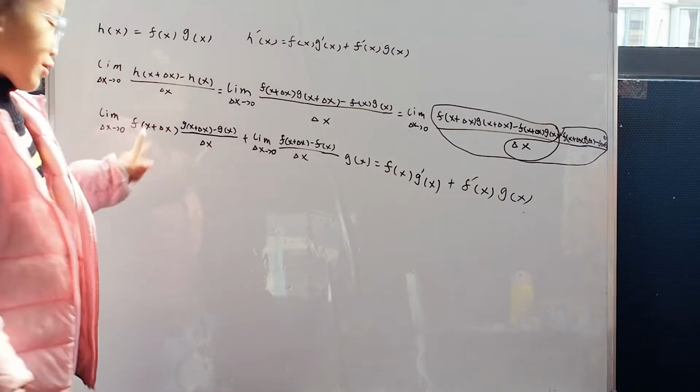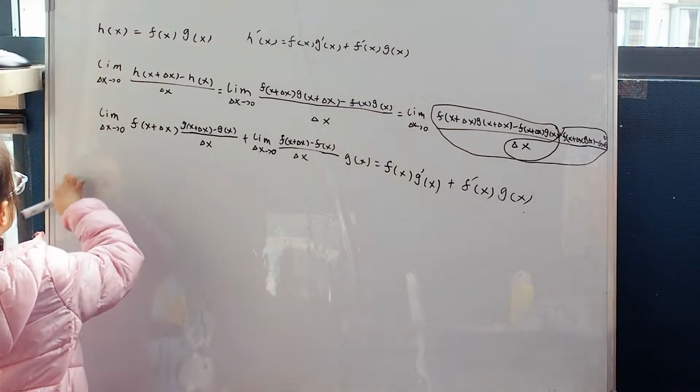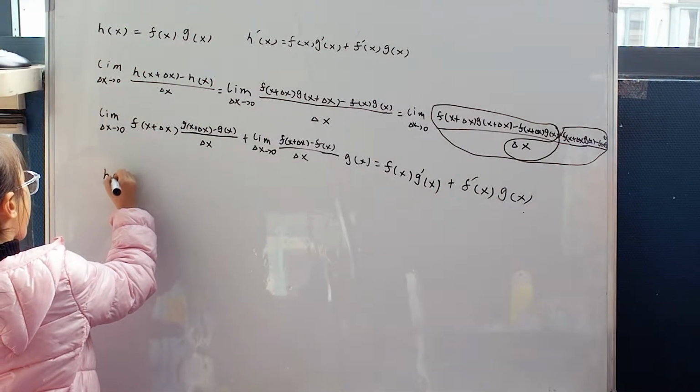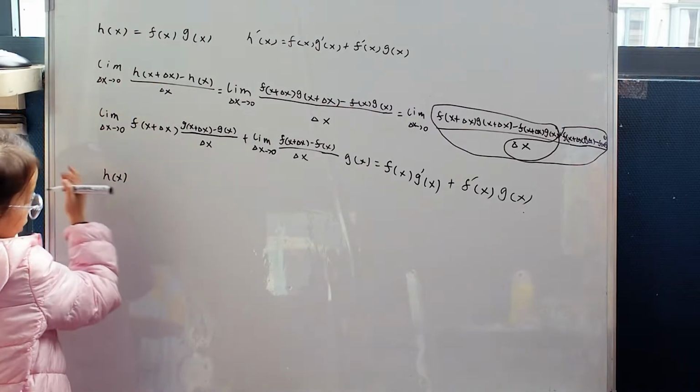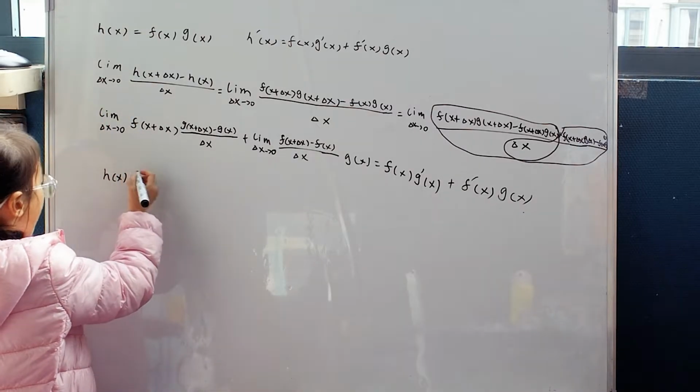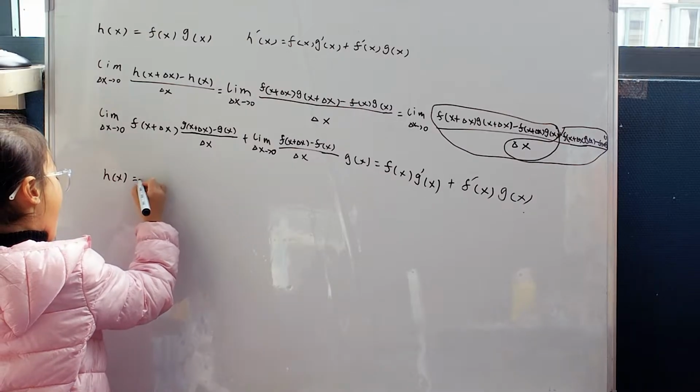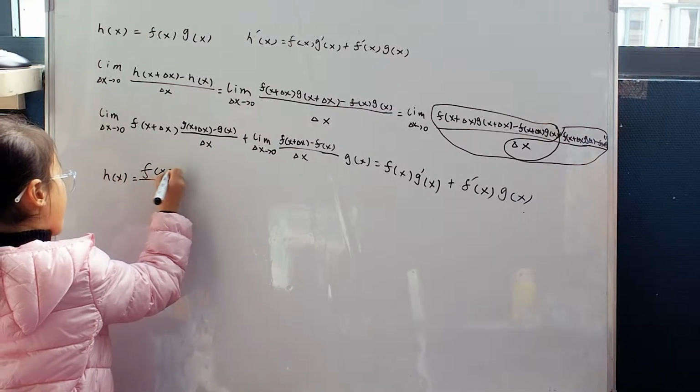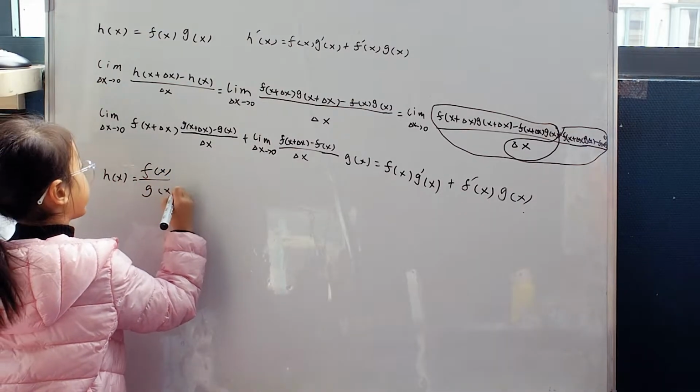Now let's prove the quotient rule. The quotient rule: h(x) equals f(x) over g(x).